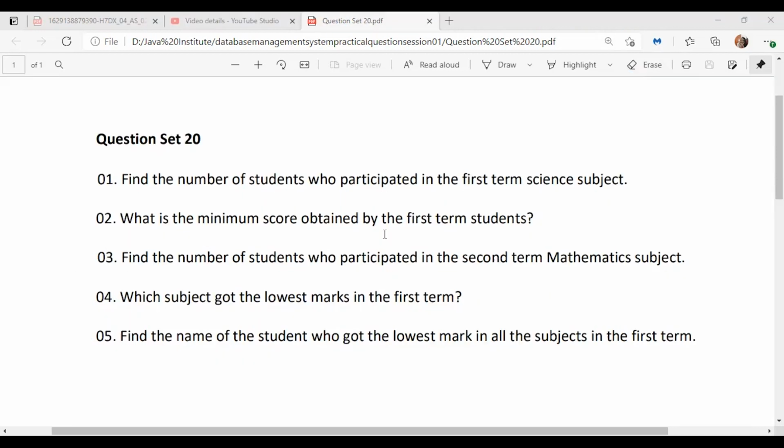requirements. So in question 20, the first question is, find the number of students who participated in the first term science subject. So let's write the query for this.